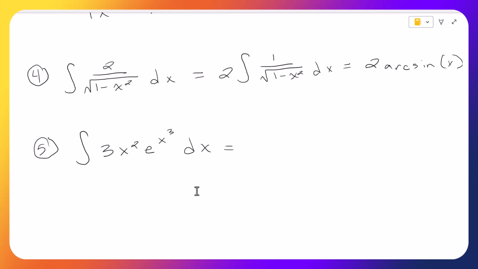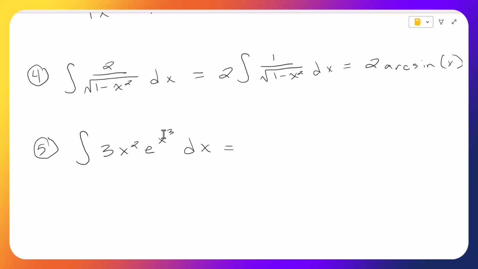There's a tool that we have that can help us with this a lot. I'm not going to give us that tool yet because I want that tool to shine, because it is a powerful tool. But I'm just looking at this and I know that the derivative of e to the u is itself times the derivative of u.